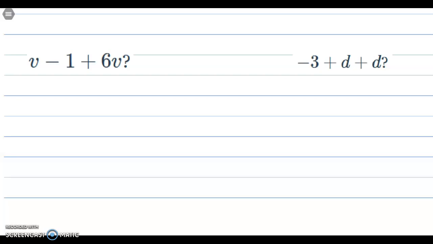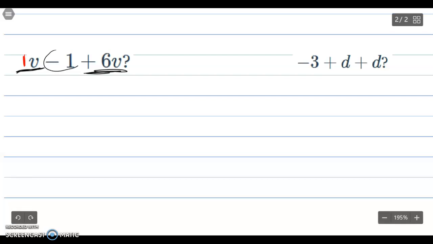We're going to underline the like terms. Here we have this V, and it's positive, and it has an understood 1 in front of it. And we're going to underline this positive 6V as well. And now we're going to circle the negative 1 so we don't add the wrong thing.